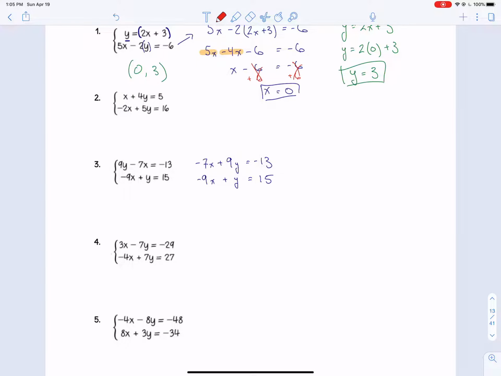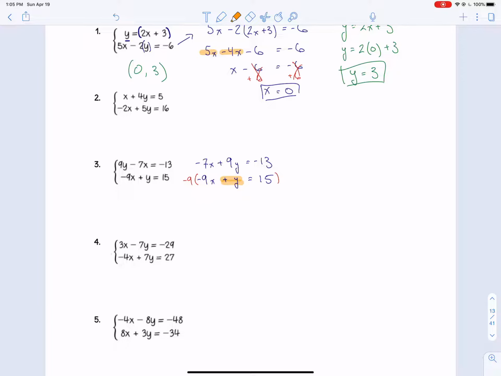If I multiply the second equation by negative 9, let's just multiply by negative 9. Okay, so what's going to happen with this term here? This would become negative 9y, all right? And then if I add those two equations, my y variable will be eliminated.